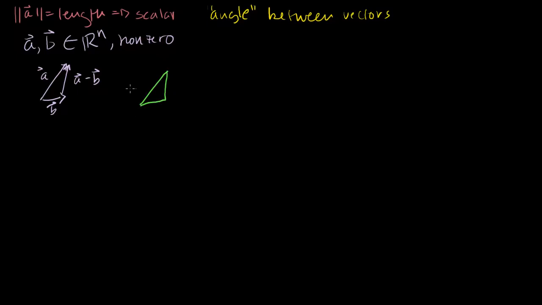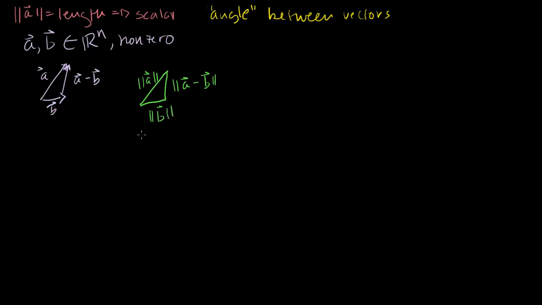And I'm going to define the sides of the triangle to be the lengths of each of these vectors. I don't care how many components they have, they're just going to be numbers. So the length of this side right here is just going to be the length of a. The length of this side is going to be the length of vector a minus vector b. And the length of this side is going to be the length of vector b.